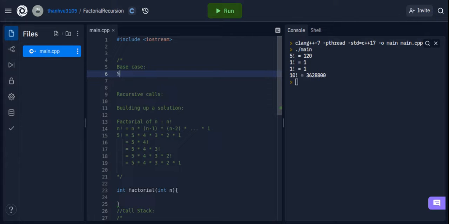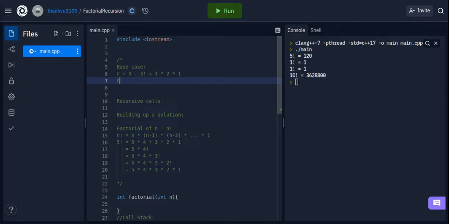Let's say n equals 3. 3 factorial equals 3 times 2 times 1, so we are able to make a recursive call, and it is not a base case.